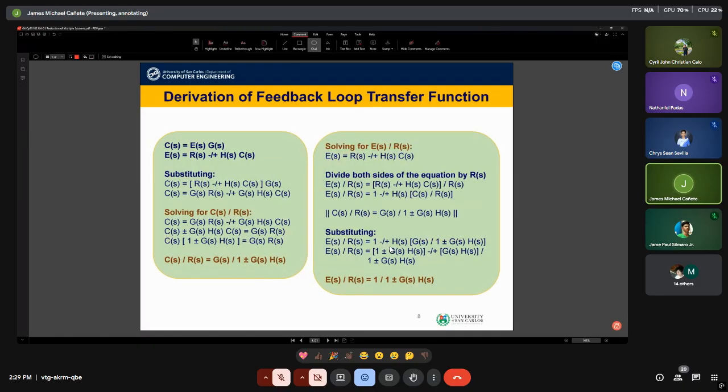The definition of C, the output, is simply E times G of S, and the error is the output of the summing junction.